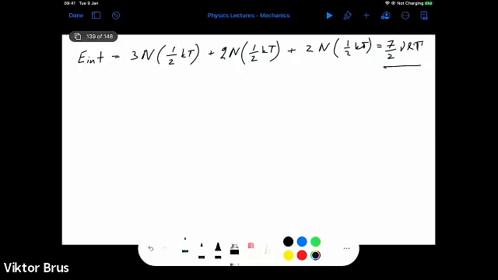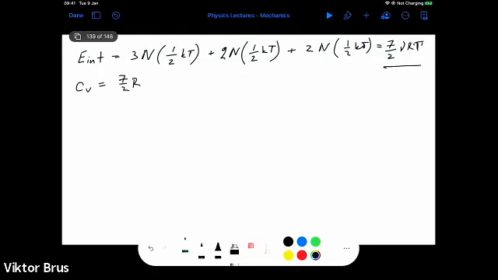That's why we can show that Cv, specific heat capacitance at constant volume, for the case when we have contributions from translational, rotational, and vibrational motion, will be equal to 7/2 R.